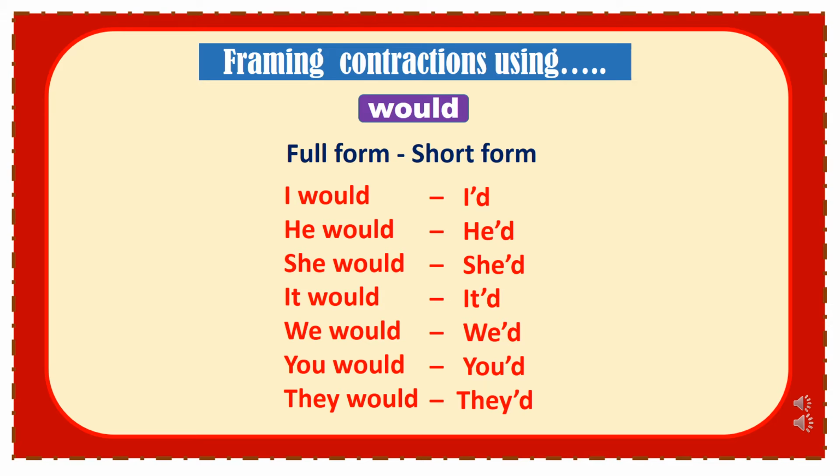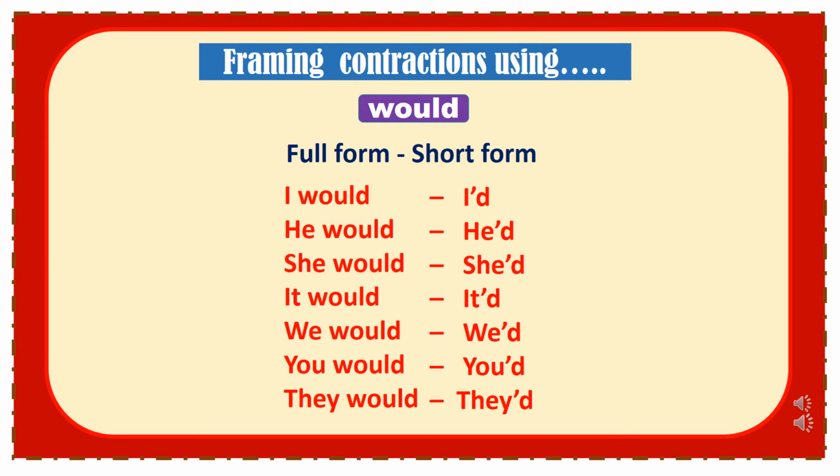Students, I want to give you a clarity that when we are using is and has with he, she, it, the pronunciation of the short form will be the same. While using had and would also, the pronunciation of the short form will be same.